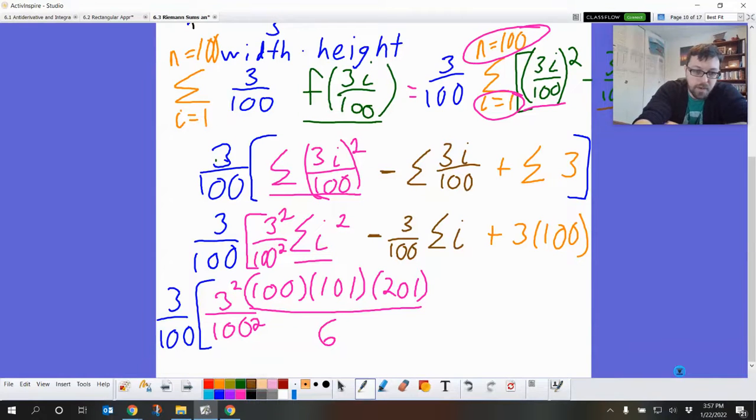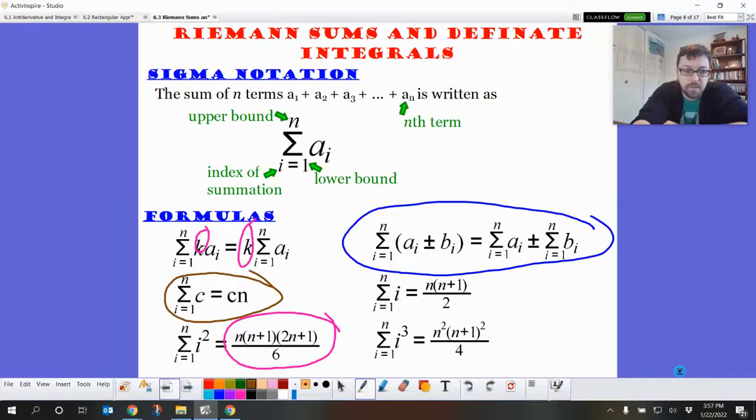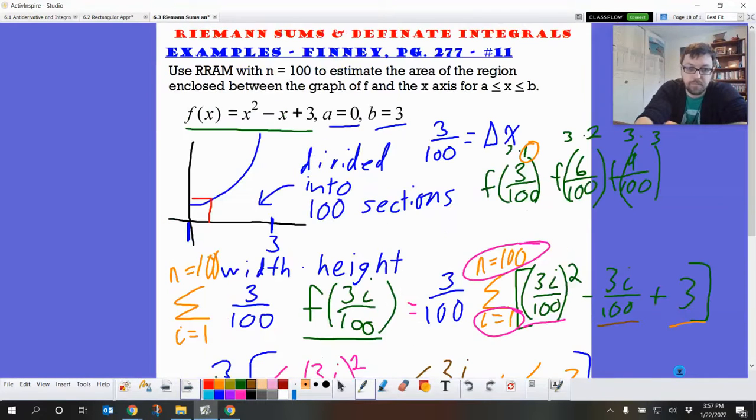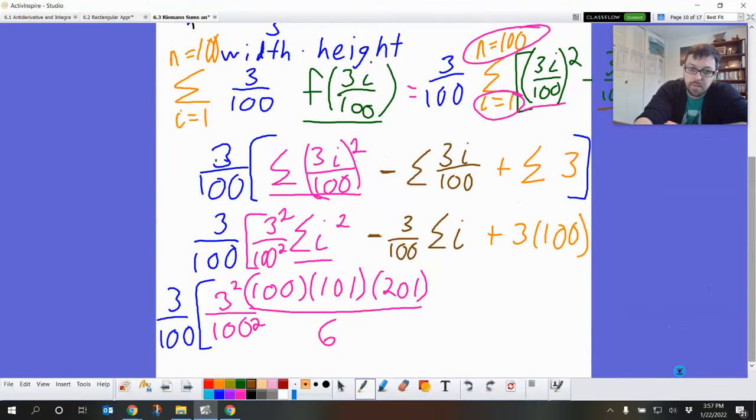Okay, the brown one. It's just an i, so that is n times n plus 1 over 2. So that's minus 3 over 100. We've got an n, which is 100, n plus 1, which is 101, over 2.